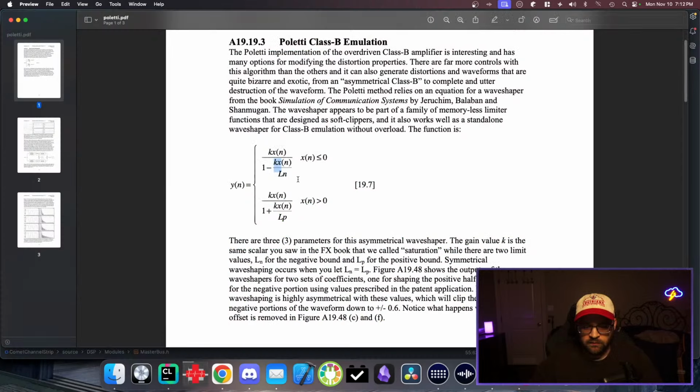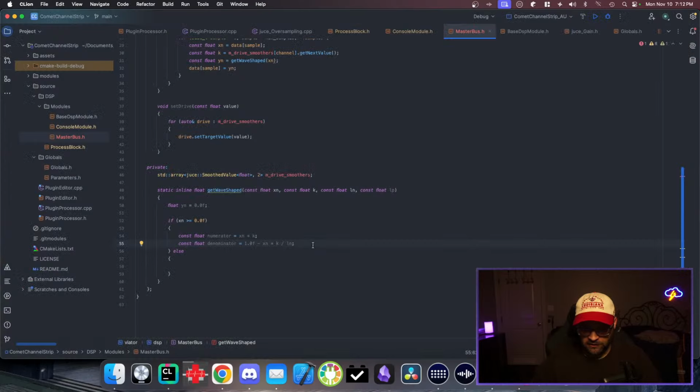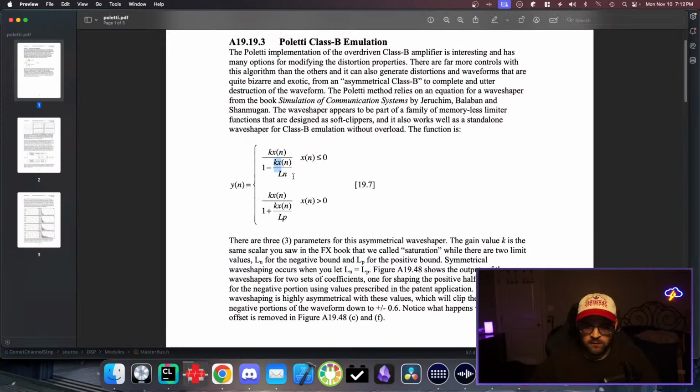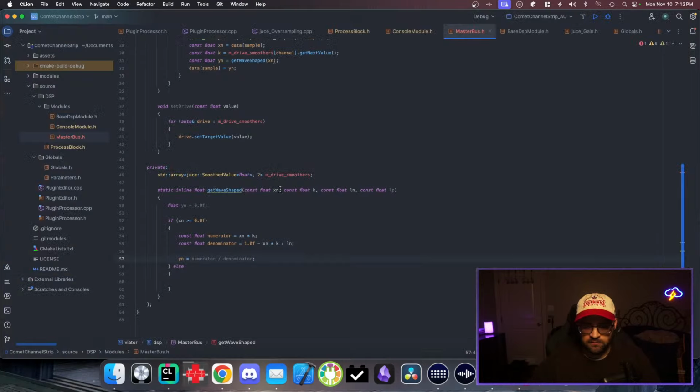All right. And now we'll just say yn is equal to numerator divided by denominator. Cool. Numerator, which is this, denominator, which is, oh, I did the wrong one. This is supposed to be the positive one. So plus and LP.